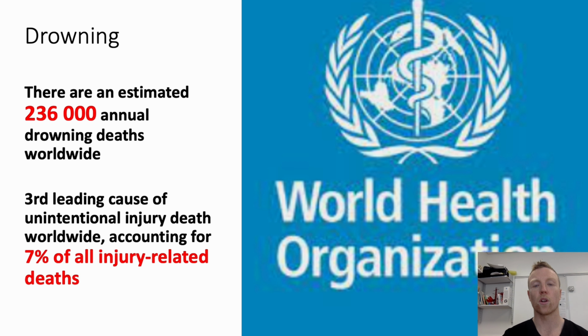If we look at the global data, the World Health Organization estimates about 250,000 people die each year due to drowning. And we must acknowledge that this is an underestimate of the true prevalence. If we look at it from another way, it's responsible for 7% of all injury-related deaths. So it certainly is a global problem.